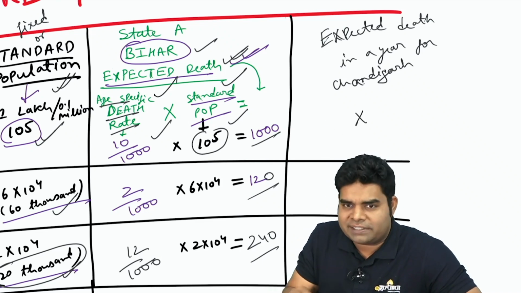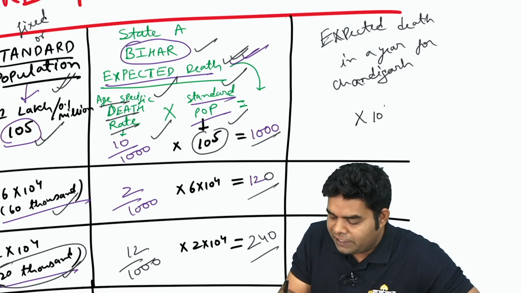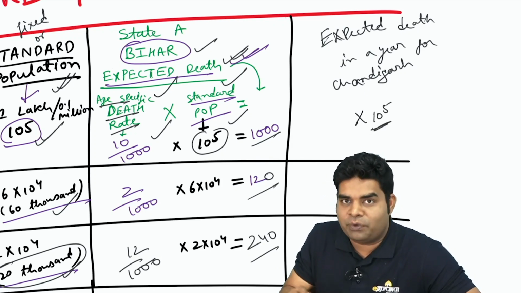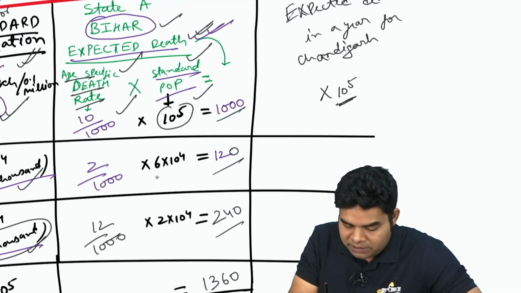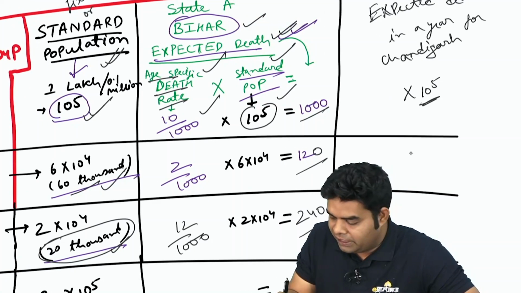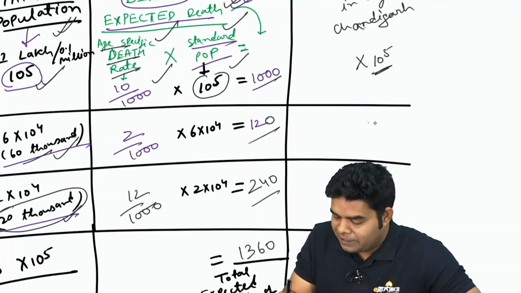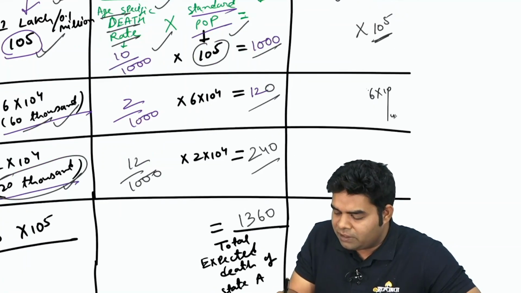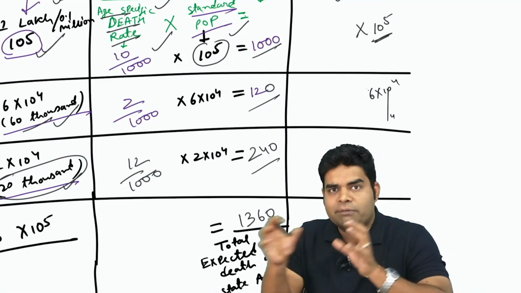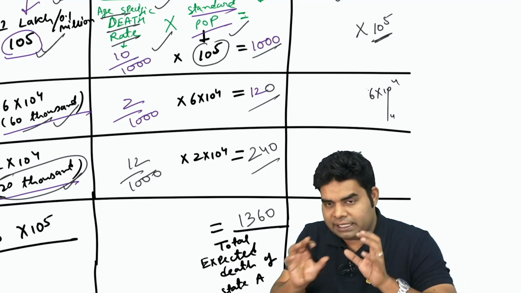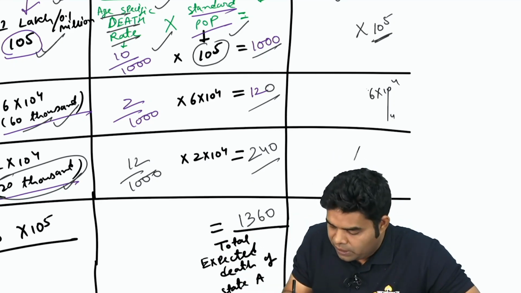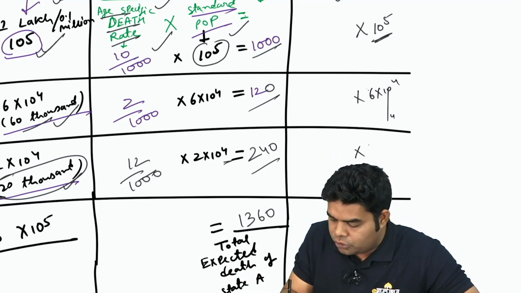First, let's write down the standard population because it is fixed. The standard population which we have taken is 1 lakh in this age group, it is 60,000 in the next age group. So the standard population is something which we take equal for both the countries. And for the third, it is 2 into 10 to the power 4.